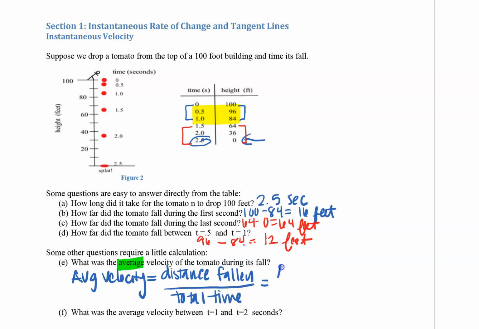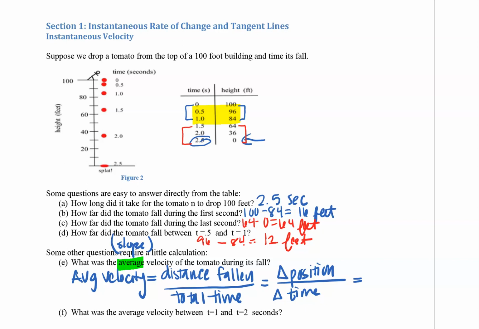More in depth, that's the change in position, that delta is a sign for change, over the change in time. Well, if you think to your algebra days, when you talk about the change in something over the other change in something, this is just slope. And so when I'm taking the average velocity, I'm trying to find the slope between those 2 points.